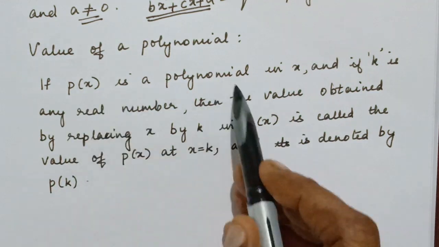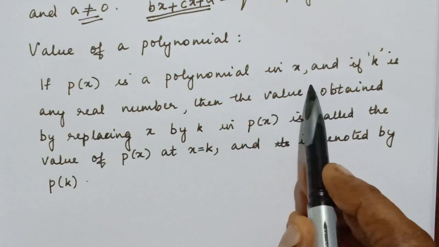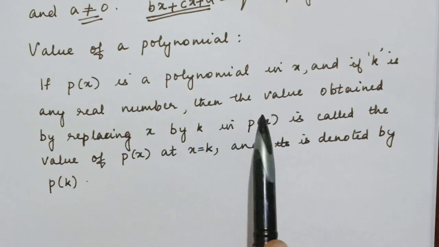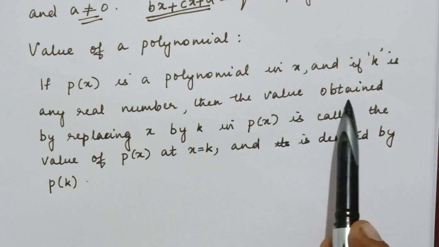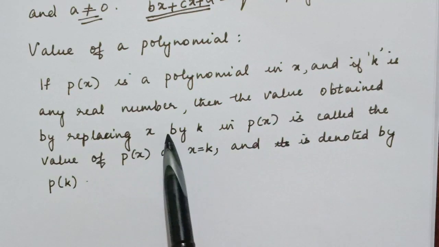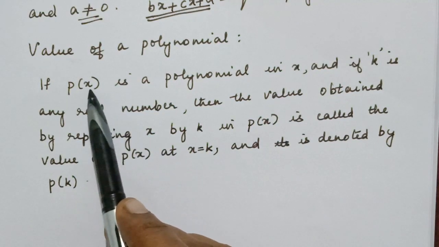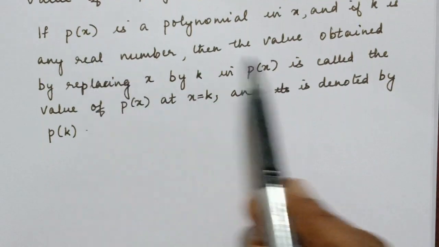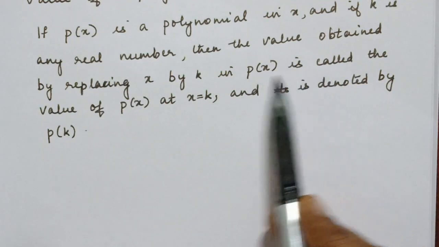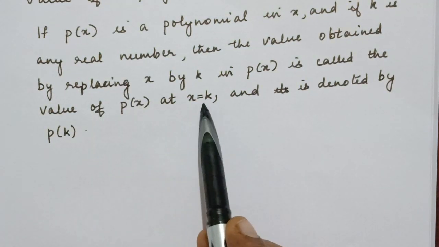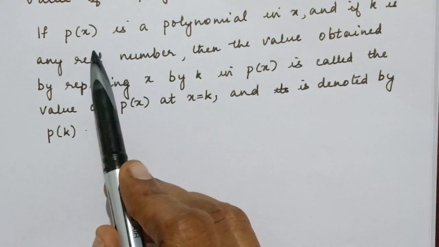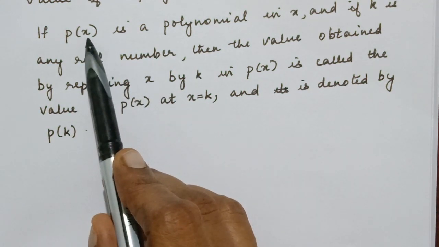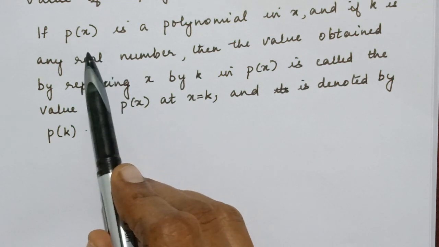If p of x is a polynomial in x and if k is any real number, then the value obtained by replacing x by k, instead of x you write it as k in p of x, then the value of p of x at x equal to k means the number which is obtained when you substitute x equal to k is the value of p of x.